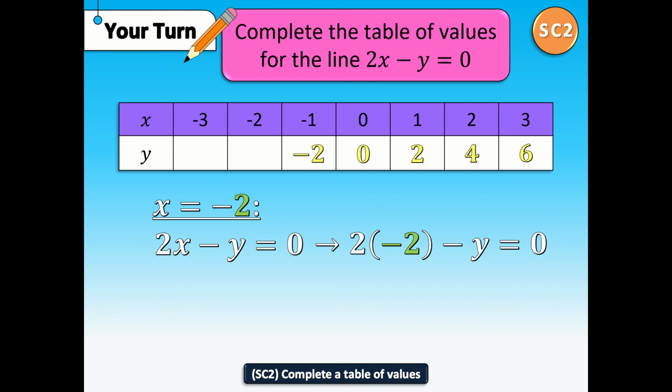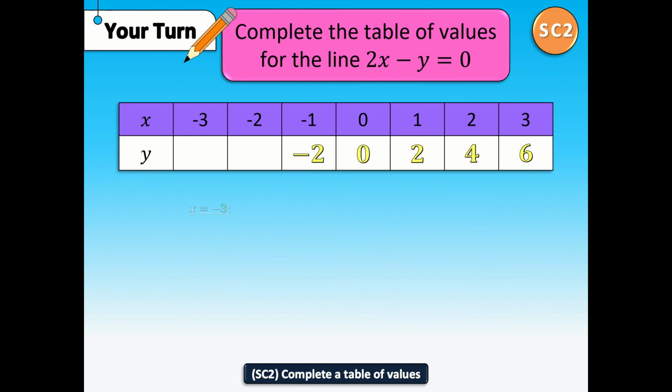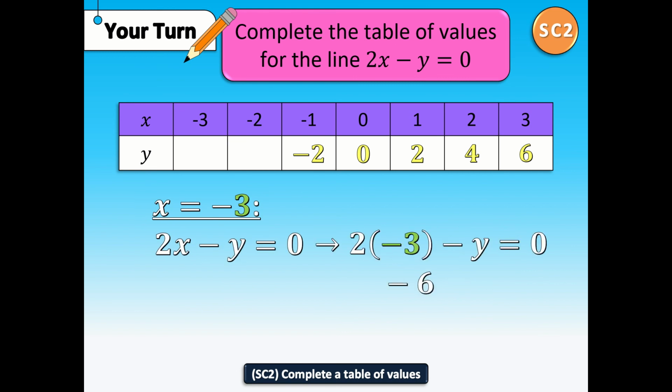When x equals minus 2, y must be minus 4. And when x equals minus 3, y must be minus 6. And now we've completed the table of values.